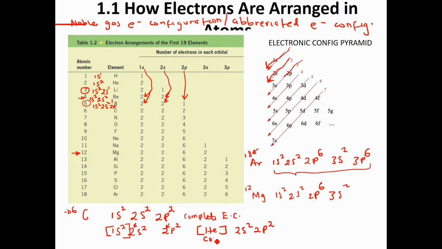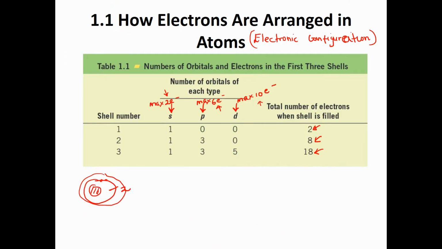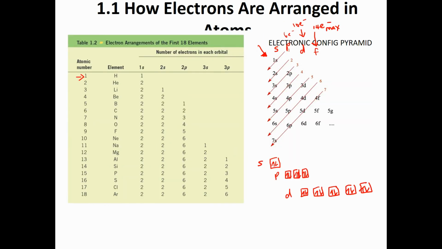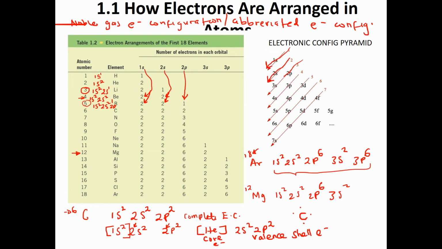These are usually called core electrons, and these ones are called valence shell electrons that we talked about that are used to make a bond. So carbon will have 4 valence electrons, and you'll see 4 dots because the second shell is not fully filled. Remember we said that the second shell must be filled up by 8 electrons. In this case, the second shell only has 4.